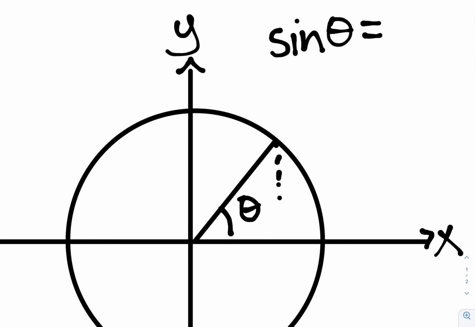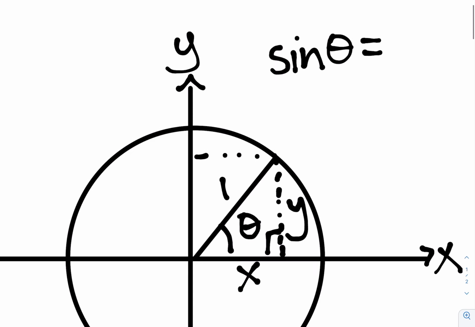So if we make this a triangle, we draw a straight line down, make it a right triangle. This is going to be our y value, because it corresponds to the y value here. And this is going to be our x value, and this is just going to be 1. So our sine of theta is going to be y over 1, because our y is our opposite side to the angle, and our 1 is our hypotenuse, our radius.